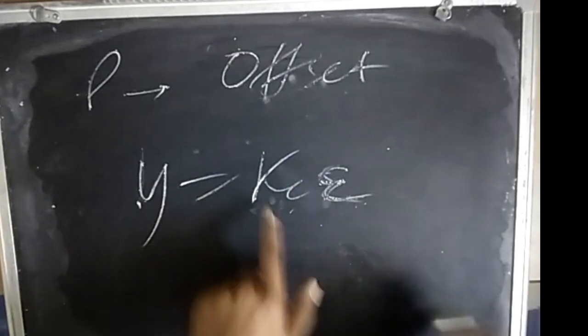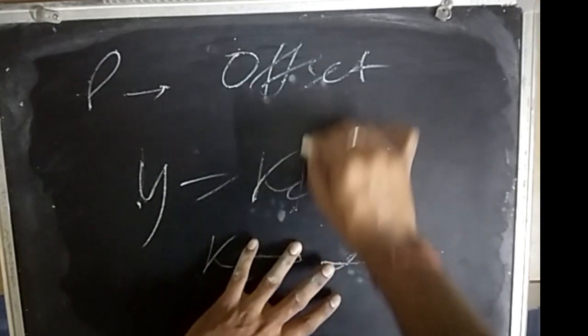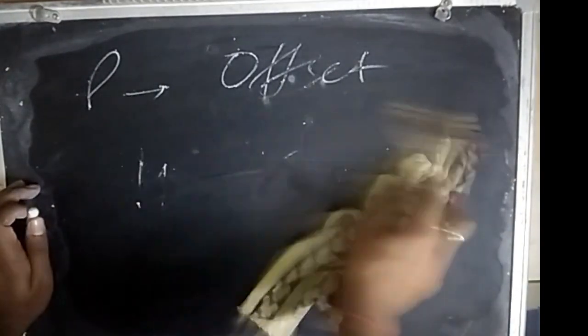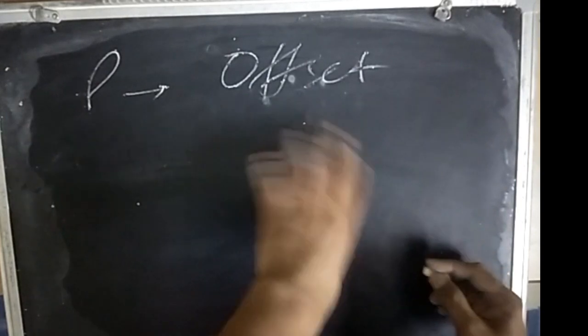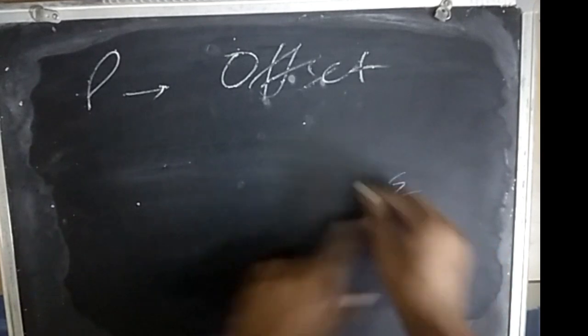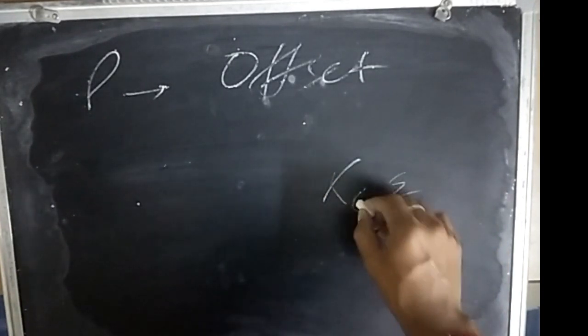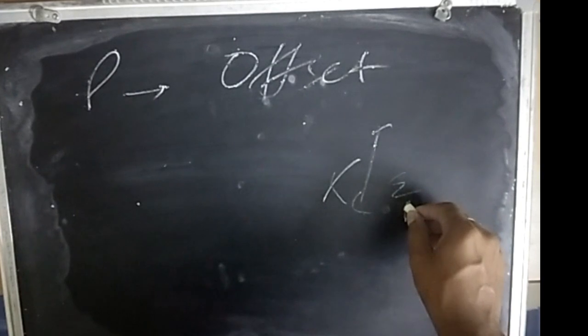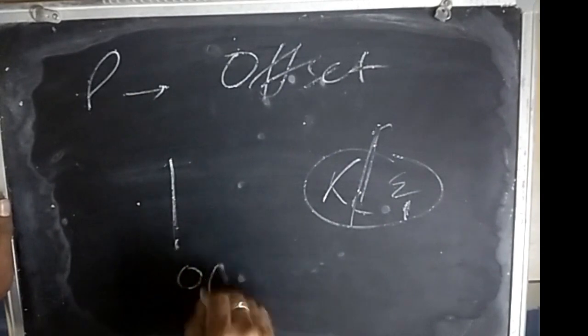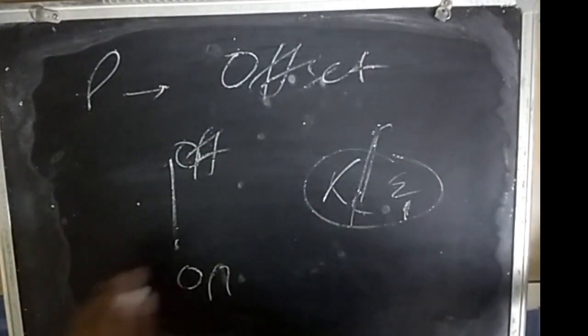If Kc tends to infinity, that is, if Kc is very large, my error would be really small. In that case it will work as on and off. Say I put some increment here and my Kc is infinite, so just some difference would multiply and make it too large, so it is either on or off, when Kc is almost infinite or very large.